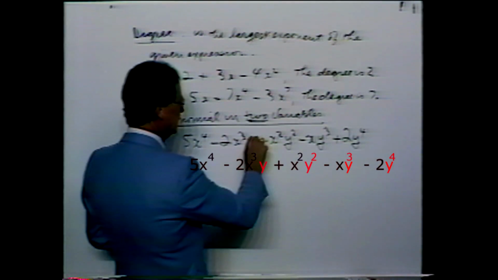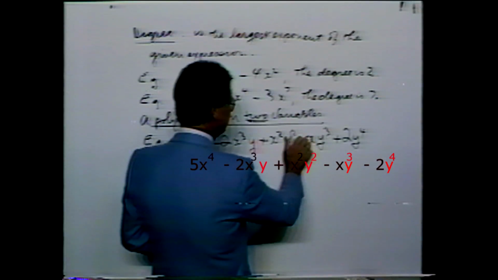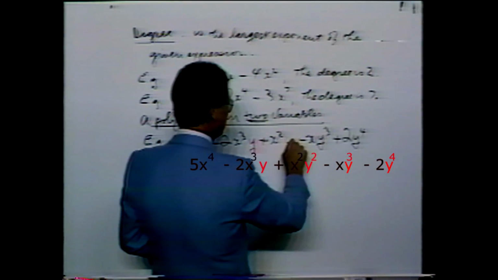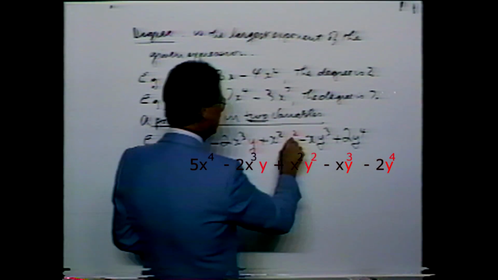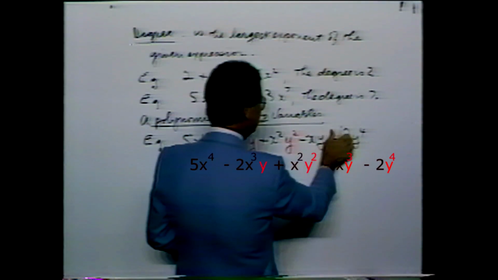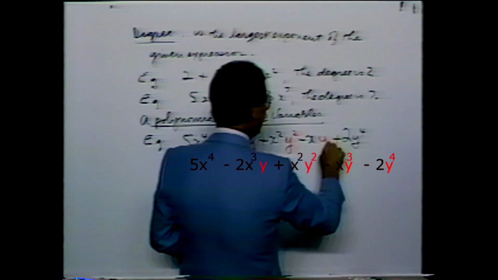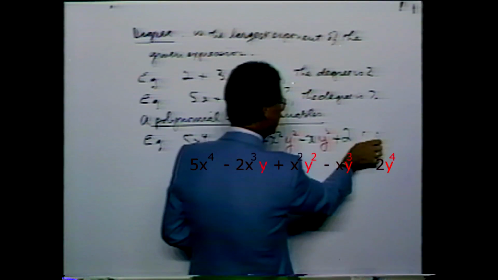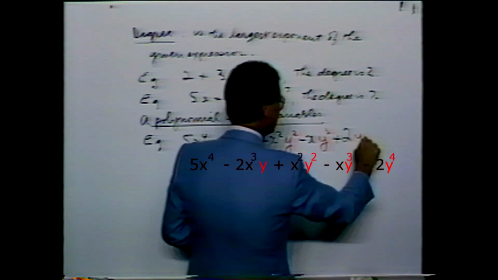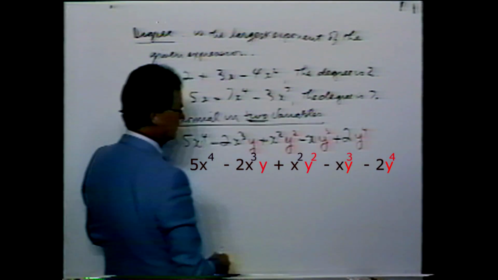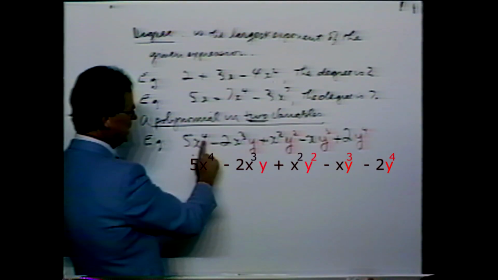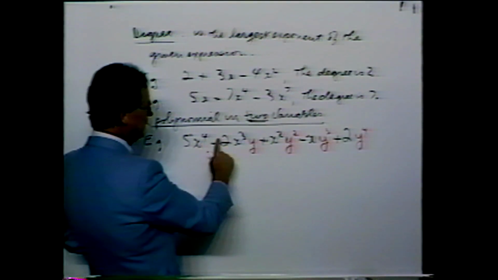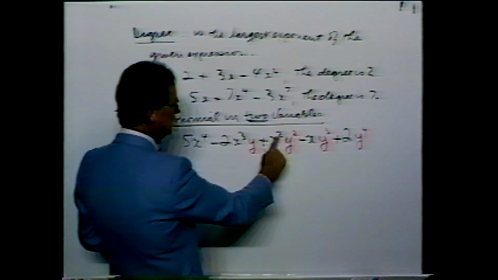If we look at this expression and ignore the y variable, you will see that the x variables are written in descending order of powers.